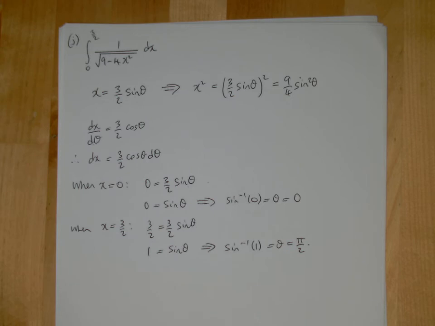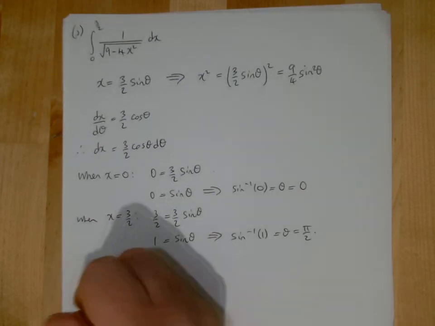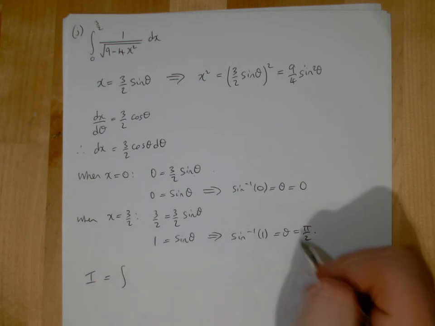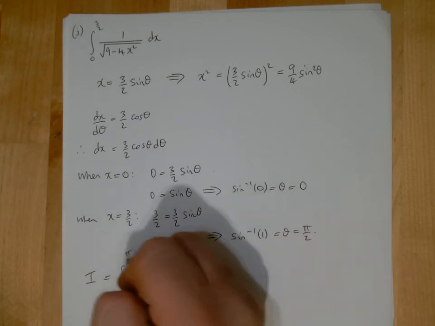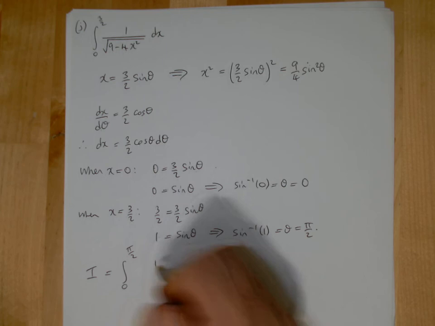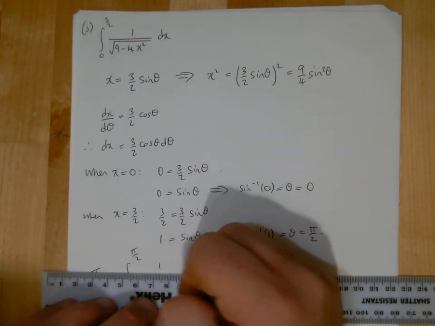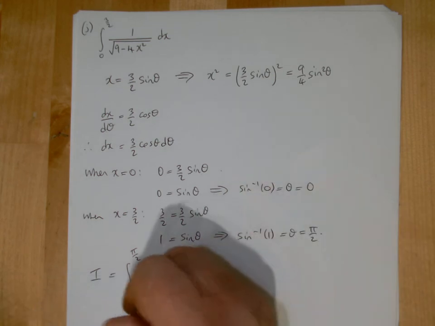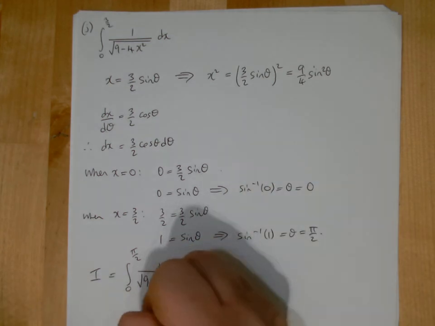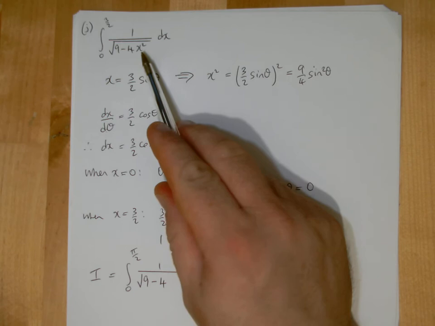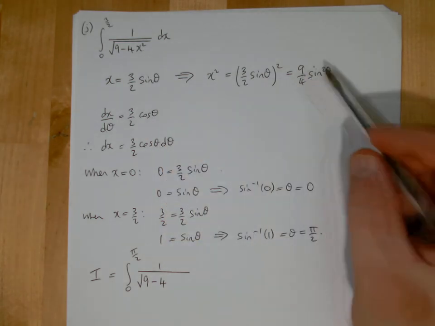So we get the integral then. Our limits will go from 0 to pi by 2, and it'll be 1 over the square root of 9 minus 4. Okay, and remember then, x squared, we figured it out to be that, right?